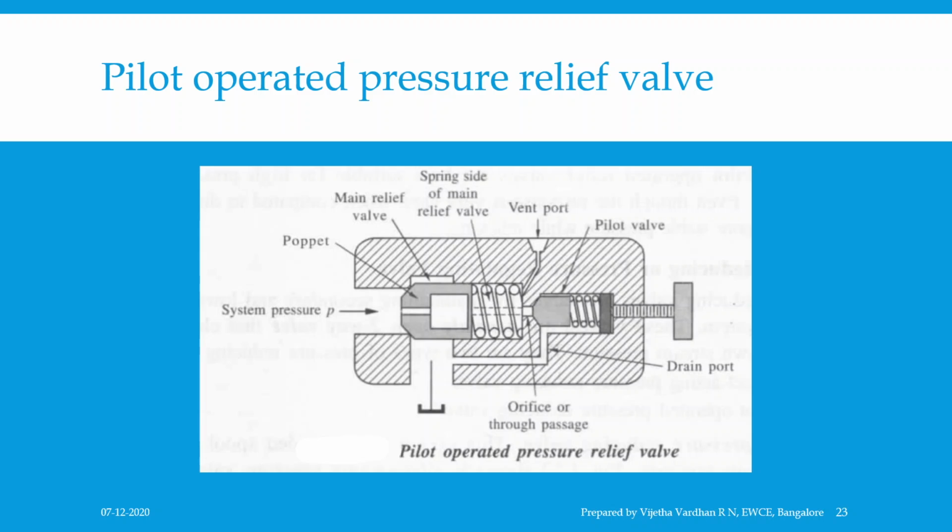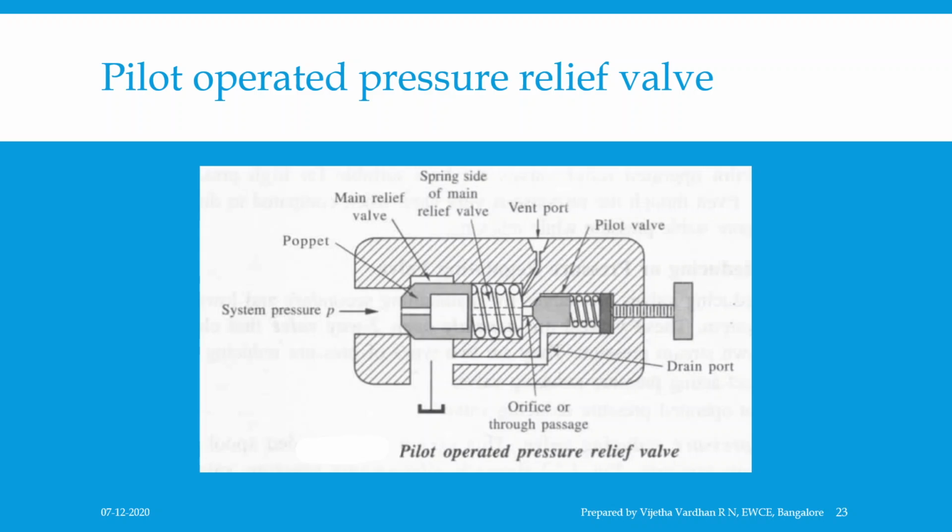Once the system pressure is equal to the set pressure, the pilot valve is seated back. The pilot valve may also be located remotely and connected to the main valve with pipe or tube. Actually, the pilot valve reduces the override pressure.